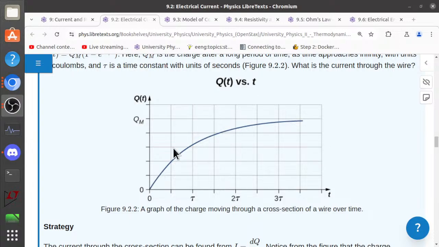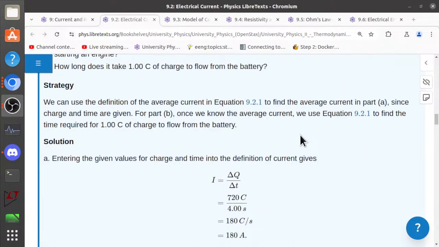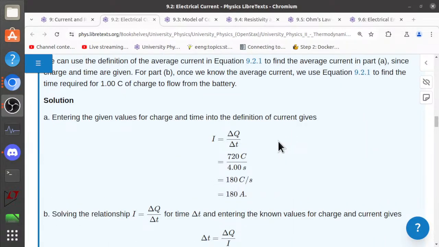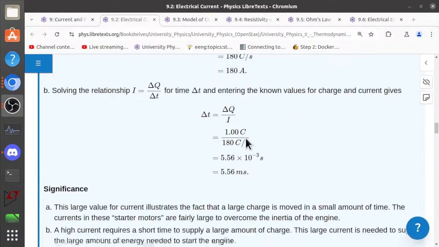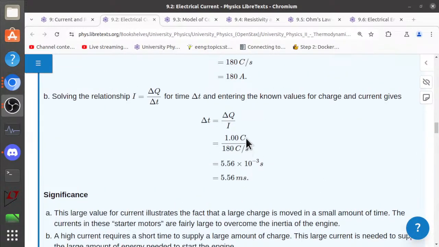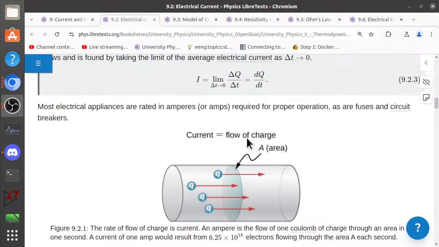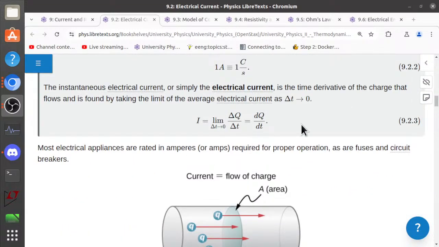And we said that I is the transported charge over time, right? But Q changes with time. Because Q isn't constant, delta Q is not constant, and delta Q over delta T is not constant. Where is this here? Here, right?